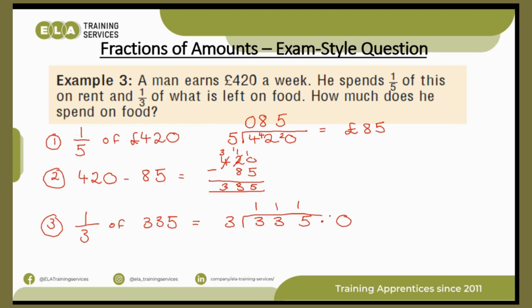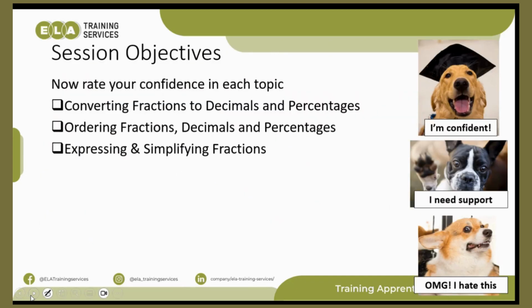Put 2 left over. 20 is 6. 2 left over. And it's going to be £111 and 66 pence. Okay, brilliant. And that's it.